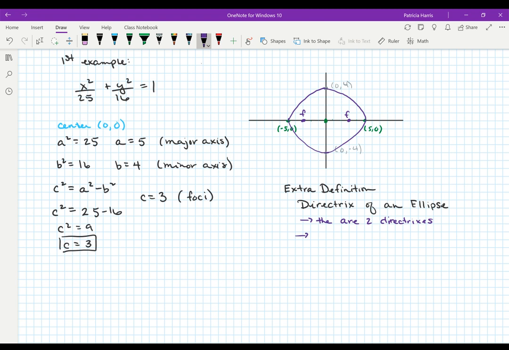Another thing to know about the directrix is it is perpendicular to the major axis and parallel to the minor.